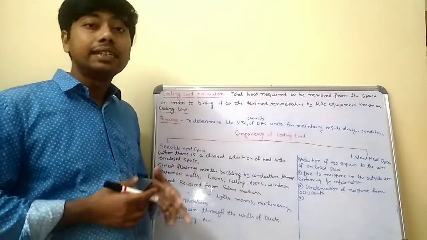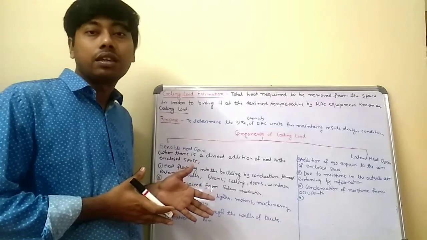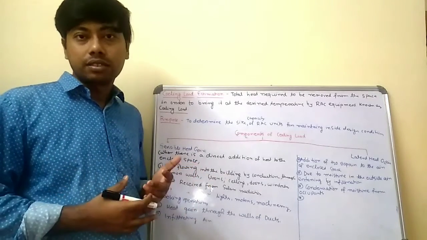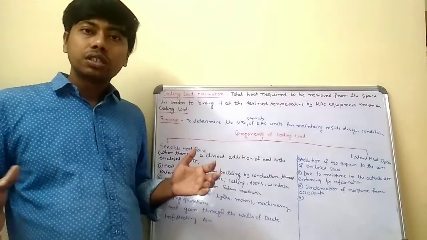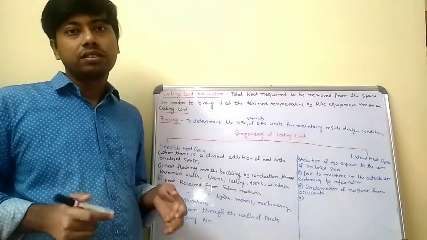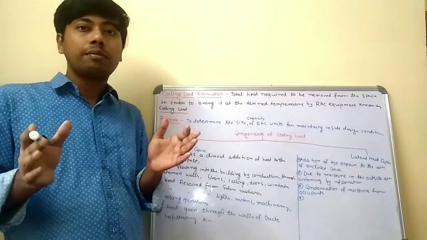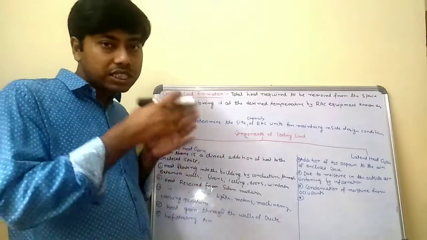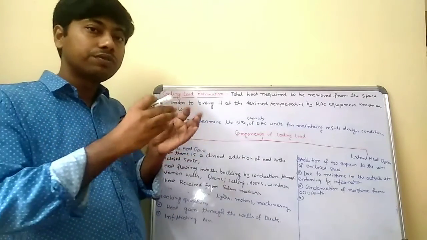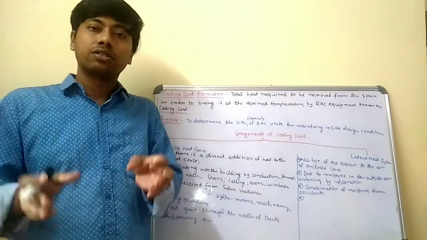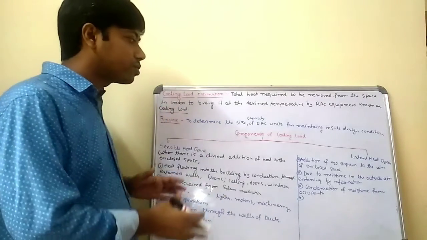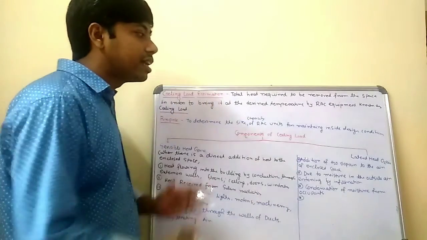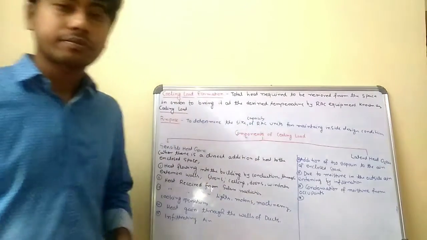And similarly for latent heat, you check whether latent heat is generated, and if so, you calculate the amount of latent heat gain due to the various reasons. If you calculate all these parts, then you can add them up, and that is the amount of heat generated due to sensible heat as well as latent heat gain. This amount of heat is extracted by the air conditioning equipment. That is the main purpose, and these are the main components of the cooling load: one is sensible heat gain, another is latent heat gain.